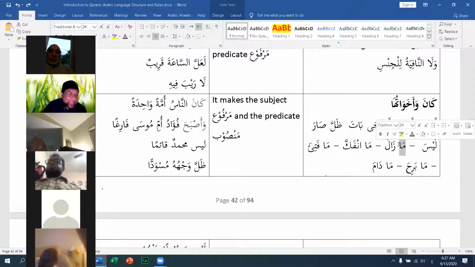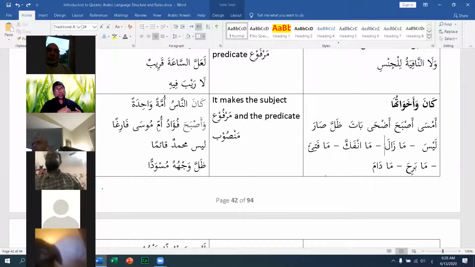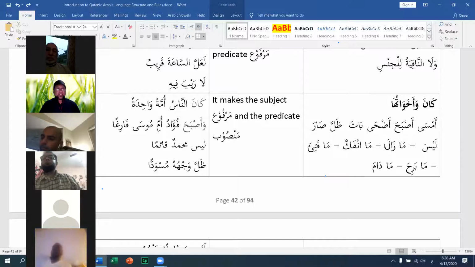Here ma is ma an-nafiya, to negate. Zala means to disappear, to be removed, to stop being, to be eradicated. For example, let's say you had a mark on your face, and then you wash it off. We say the mark zala, it is removed. See that? Infakka, same meaning.